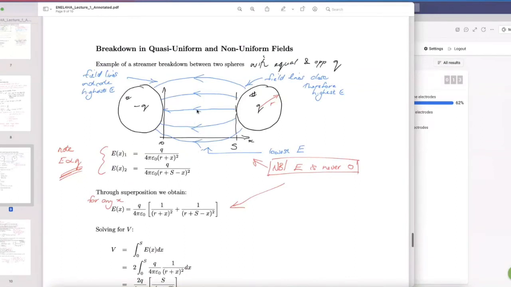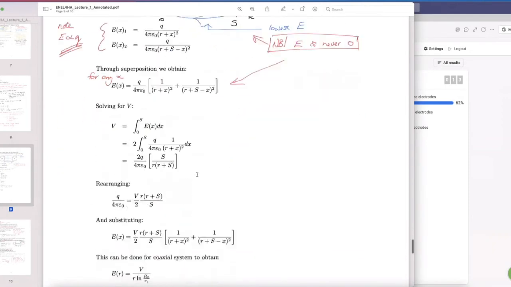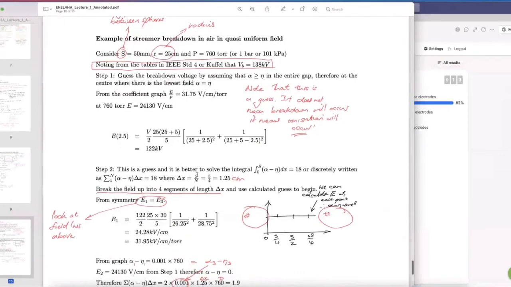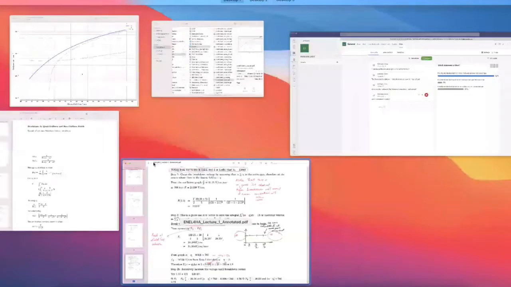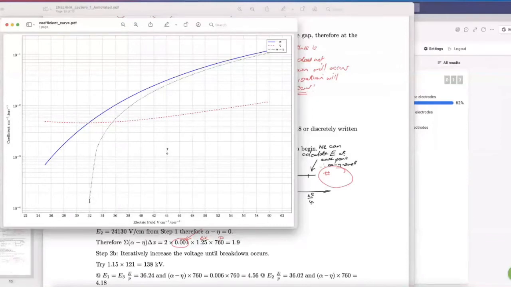So if we choose alpha is equal to eta here and determine the electric field there, everywhere else alpha will be greater than eta. So we can go to our coefficient graph and we can see where alpha equals eta. And that's that point there.